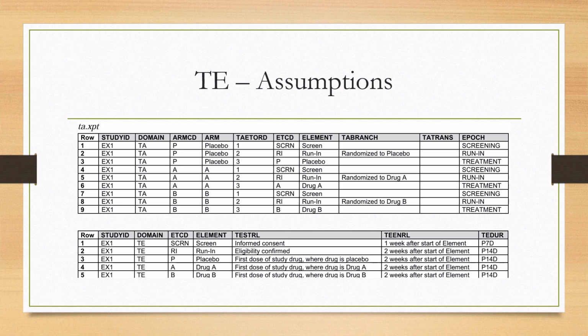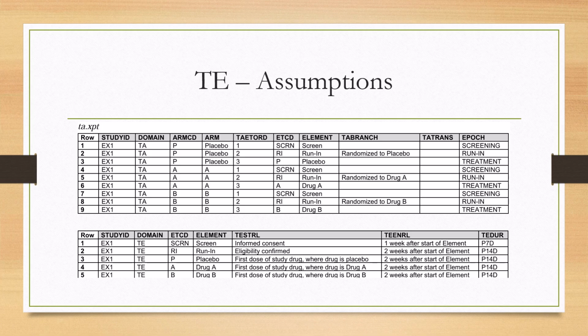If you understand this, when the subject is randomized to, say, the placebo arm, the subject will undergo screening and run-in. When the subject is in the run-in period, they will be randomized to placebo, and the next element for that subject will be the administration of placebo drug, which will be categorized as the treatment epoch.